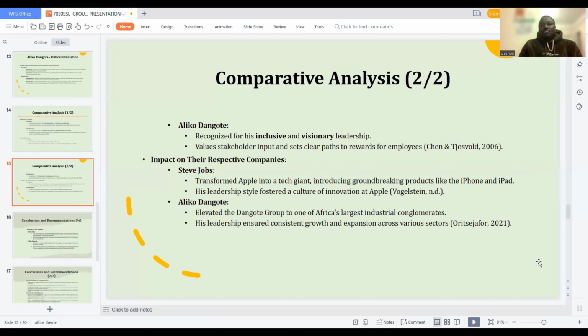Their lasting impact serves as a testament to their exceptional leadership abilities and underscores the importance of successful leadership in shaping industries. Their contributions have left an indelible imprint on their field and serve as a reminder of the transformative power of effective leadership.